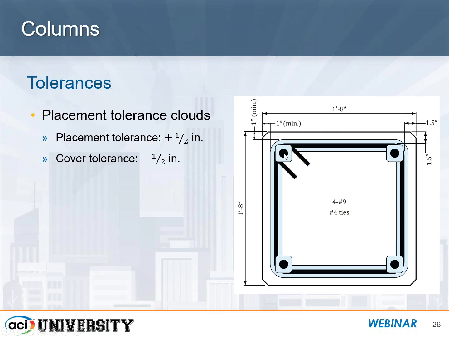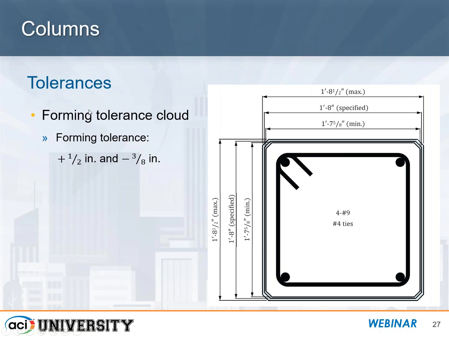And in a similar fashion, these longitudinal bars can be anywhere. Again, we point this out because we're going to show you some examples of how this could all come into play when looking at the constructability of your typical reinforced concrete columns.